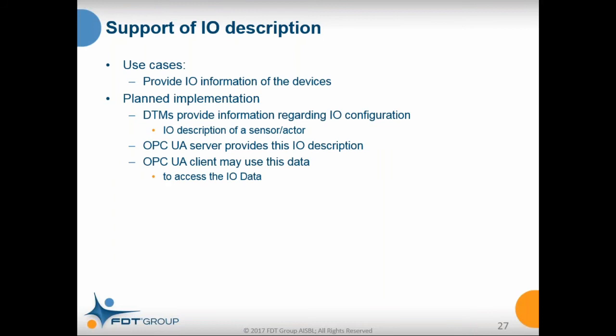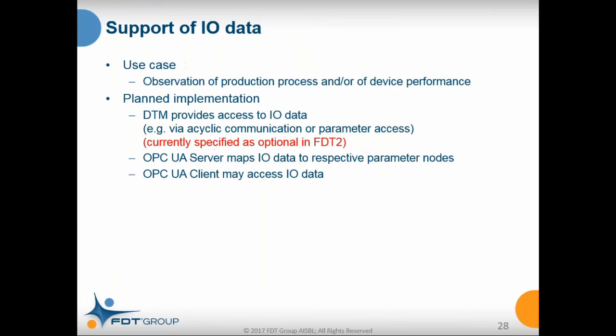As I said before, this is one of our high priority topics. So what we want to do is, when the DTM provides the information regarding the I/O configuration, we want to expose this information to the OPC UA client. And then the OPC UA client may use this description as a base for accessing the I/O data.